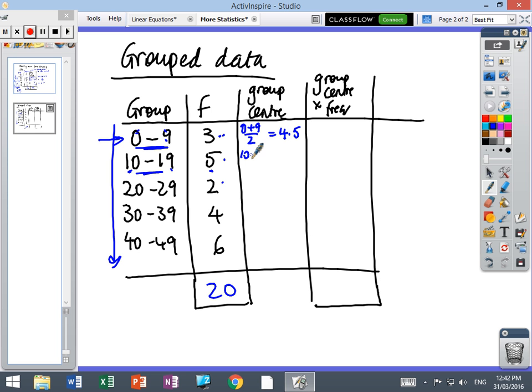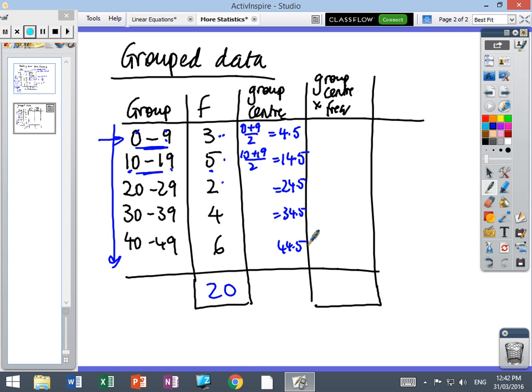If you put 10 plus 19 over 2, you get 14.5. And you can see that the groups are going to go up in tens, so it's 24.5, 34.5, and 44.5.